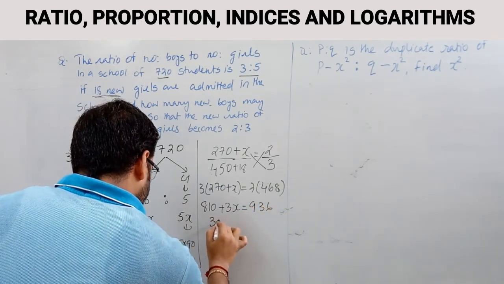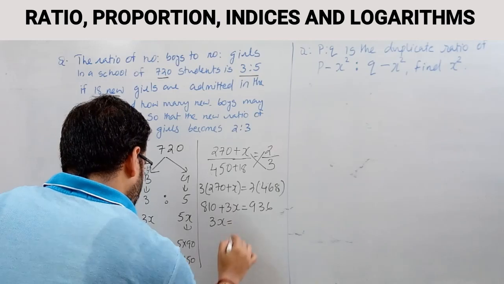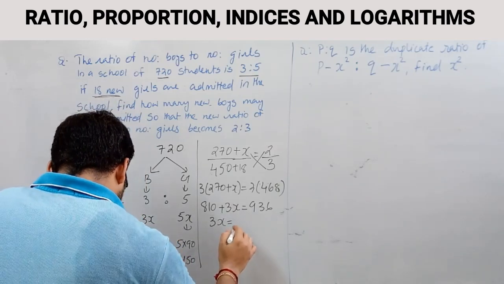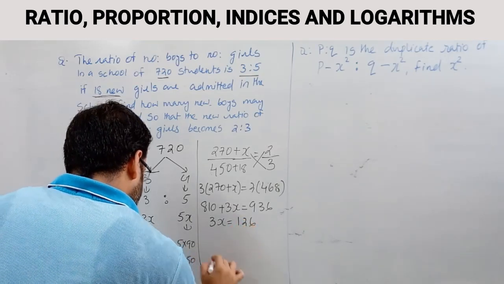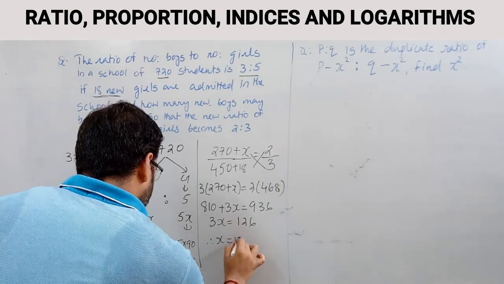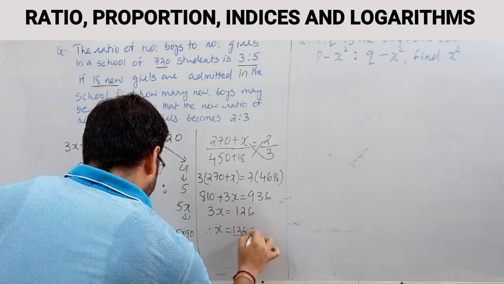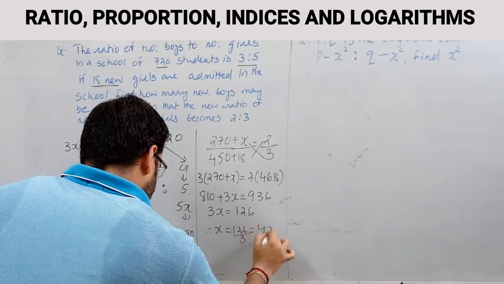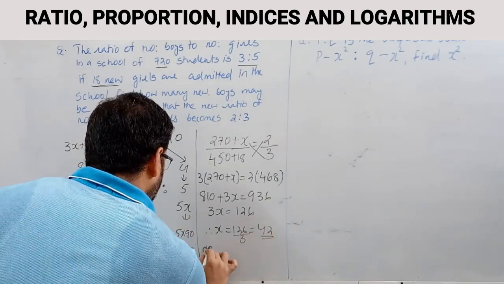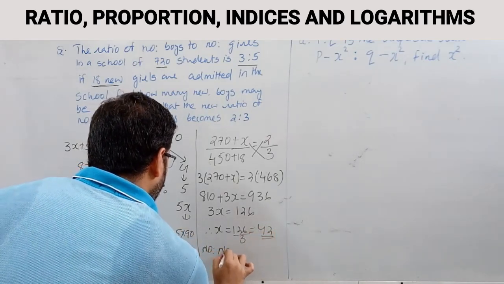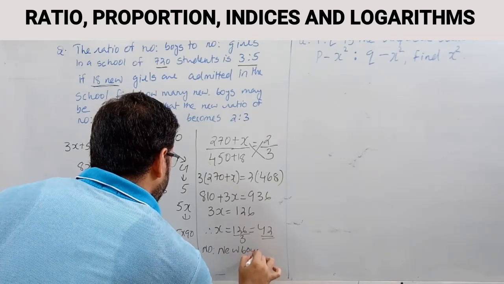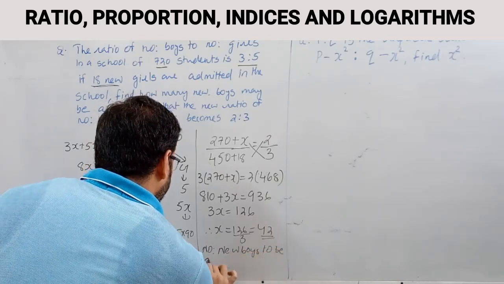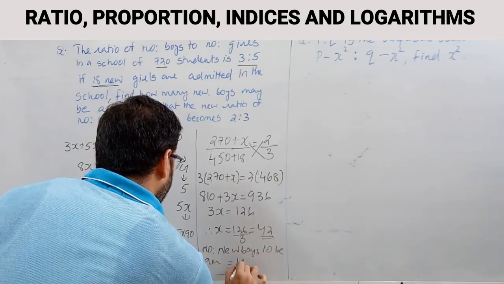That means 3x is equal to 936 minus 810, 126. Therefore, x is equal to 126 divided by 3, 42. Number of new boys to be admitted is equal to 42.